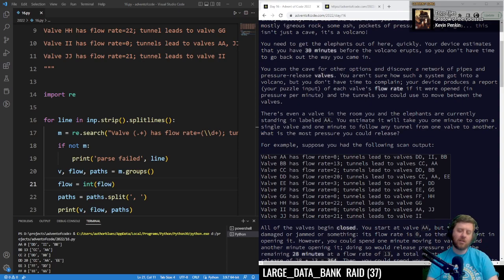I'm trying to think of what my state space would be if I wanted to do dynamic programming.